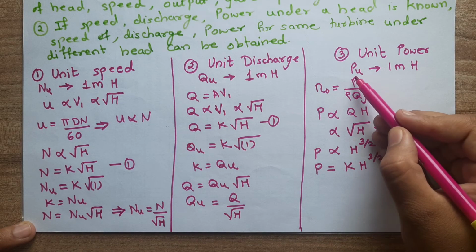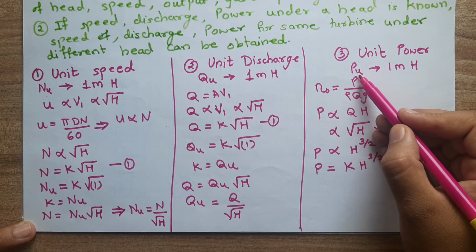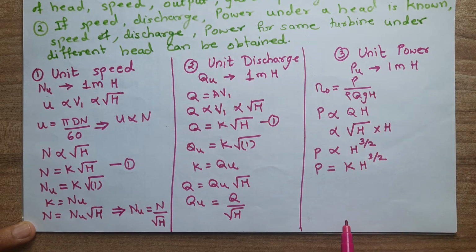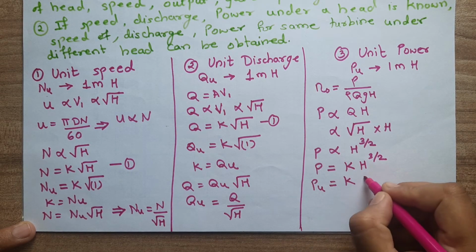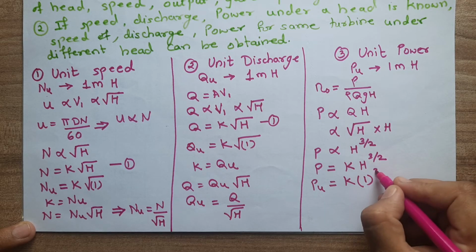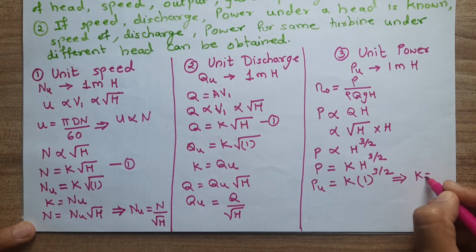Again, by definition, power is equal to the unit power, that is PU, when H is equal to 1 meter. So we can write this as PU, when H is equal to 1. So from here we get that K is equal to PU.